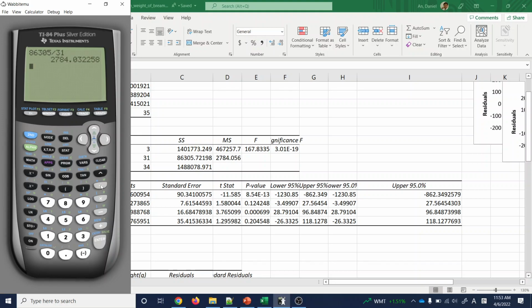And the answer is 2784, exactly the same as this one, right? The decimals don't match because I didn't type in everything, but if I typed in everything, it would match. So that's how you get the mean squared. Is that good? That will be a kind of problem that could be on the exam. This portion will be left blank, and you'll have to figure that out.